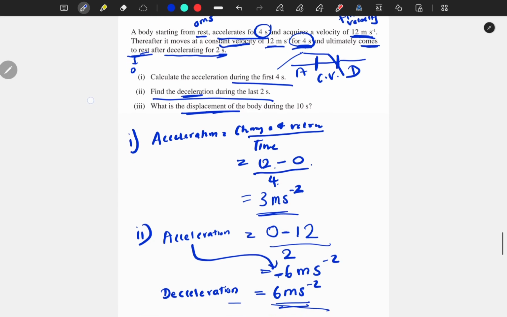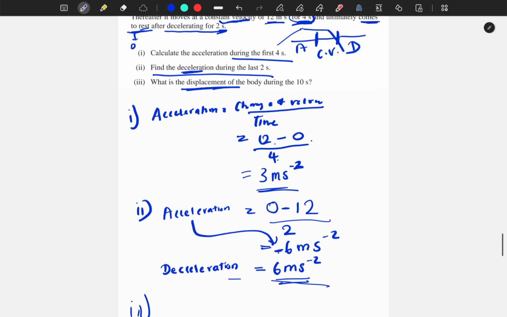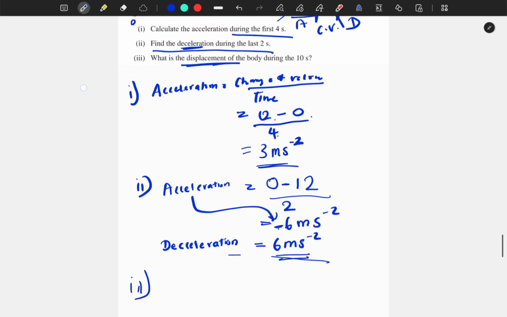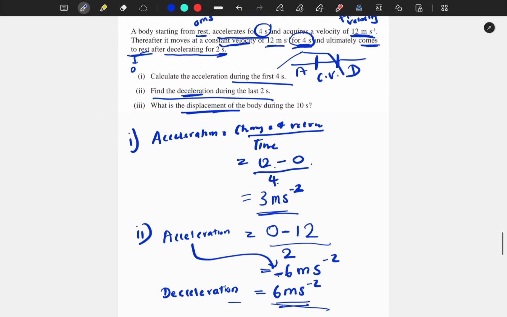Now asking about the displacement. So how to find it? You can go through each case, like how much displacement it travels in the first 4 seconds and how much displacement for the uniform velocity, likewise you can calculate like that too.